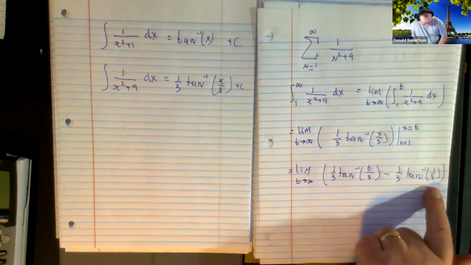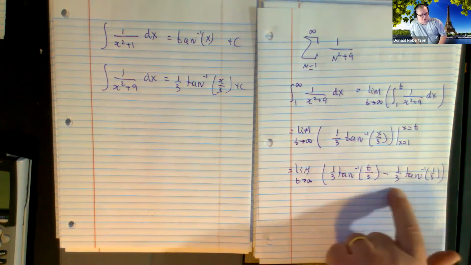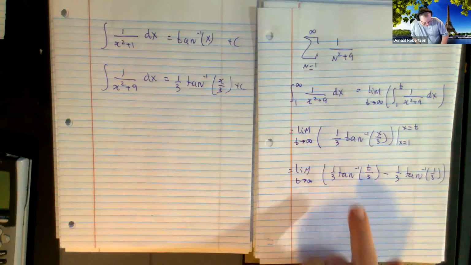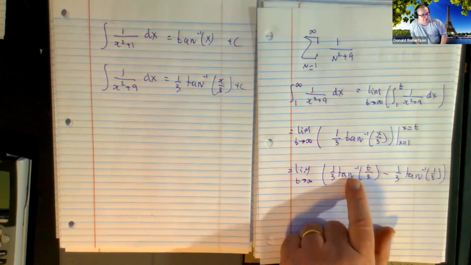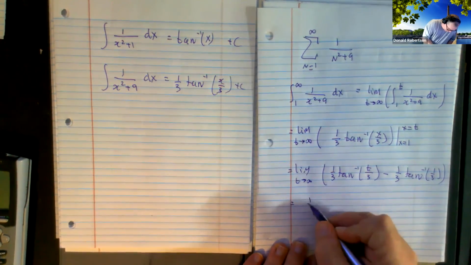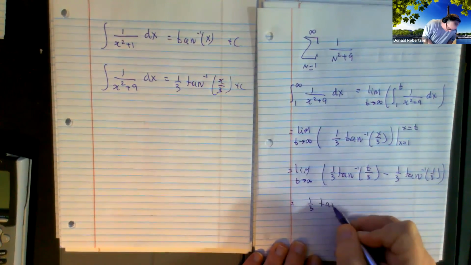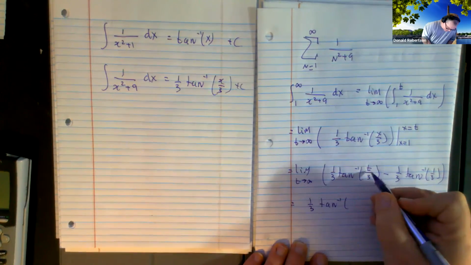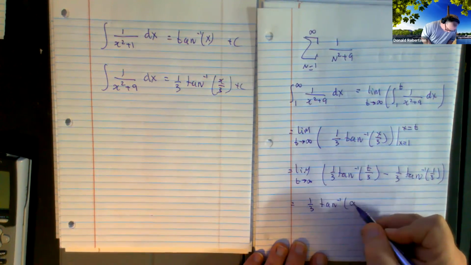And I'm going to make no attempt to do anything with that. That's just some ugly number. This is the guy that's going to decide convergence or divergence, isn't it? This guy here. So I'm going to do brute force. Isn't infinity over 3 still infinite?